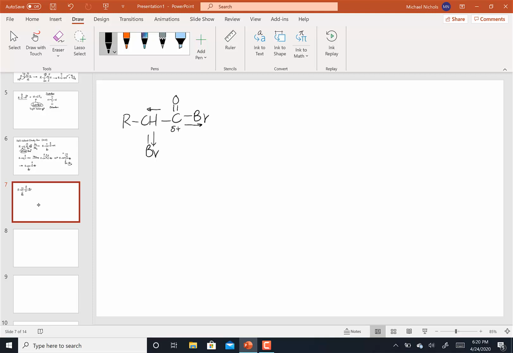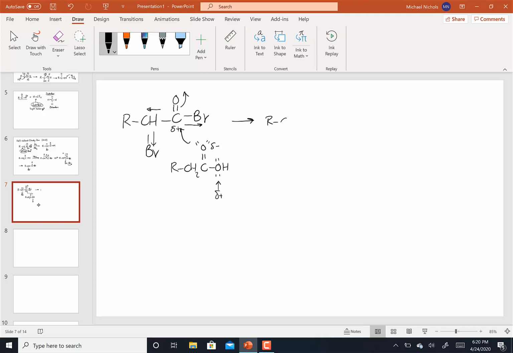So now what's going to happen, and this is the proposed mechanism, is that I'm going to take my oxygen of my carboxylic acid, and remember that for the ester or the carboxylic acid, this carbon has a slightly positive charge on it, and the oxygen has a slightly negative charge. So it's the nucleophile, and it's going to attack the carbonyl.